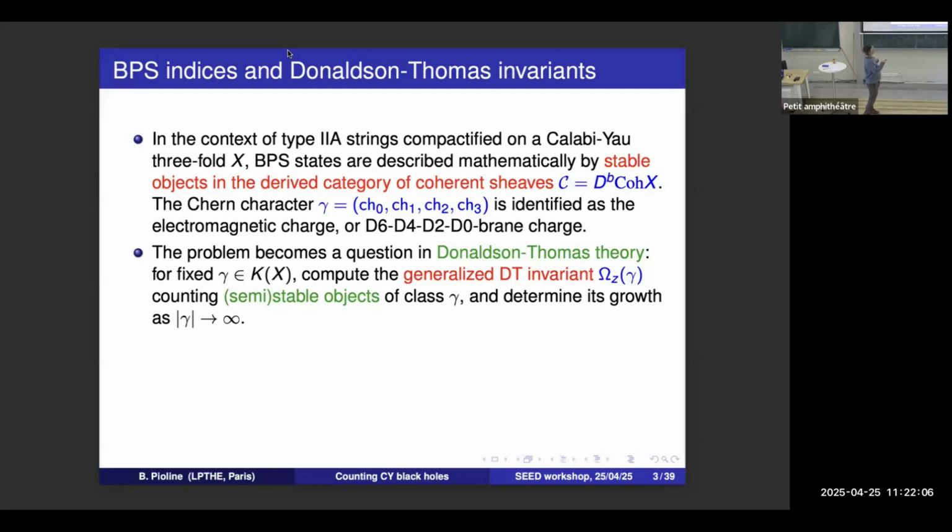So you want to count how many objects, or stable objects, in this category exist for given value of that charge gamma. But you don't have to specify the mass because these objects are preserving supersymmetry, the mass is determined by gamma. But what you do have to specify is the actual shape of the internal space, so the moduli of this Calabi-Yau.